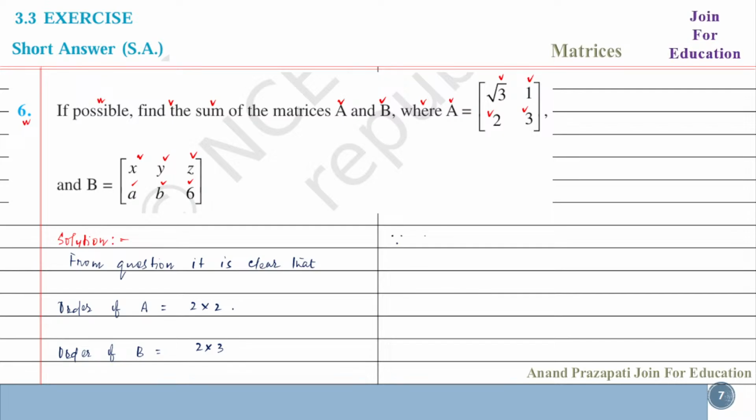Therefore order of A is not equal to order of B. Therefore, sum of A and B is not possible.